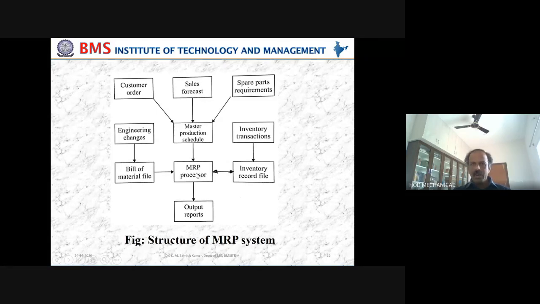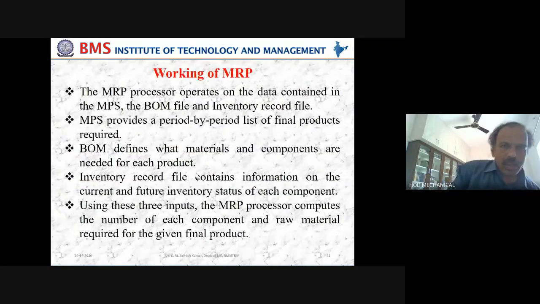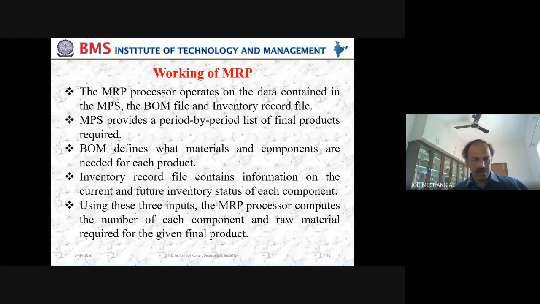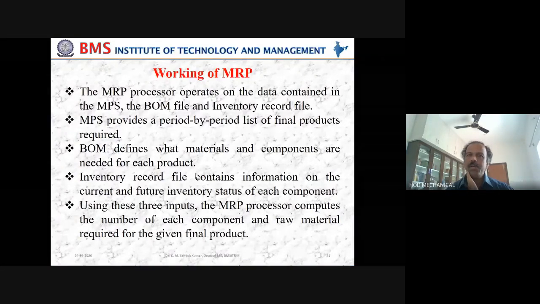Now, after understanding the inputs to MRP, the next thing is how the MRP is going to work. Very, very important. For the MRP to work, it should observe the data present in the input files, which we have just discussed.